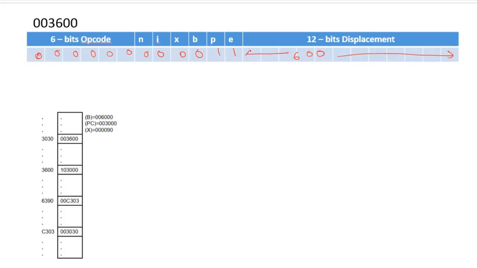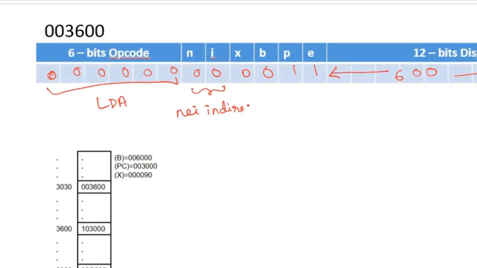Now coming over here, this is the opcode for LDA. The next 2 bits say that this is neither indirect nor immediate, and both values 0 will appear in SIC.